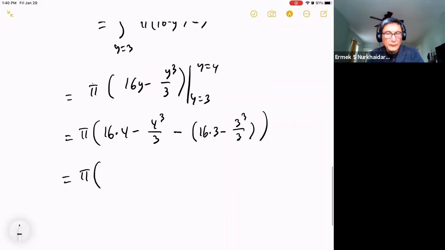Pi. 16 times 4 is 64. 64 minus 4 cubed over 3. Let's see. 128 over 3, if I'm correct.